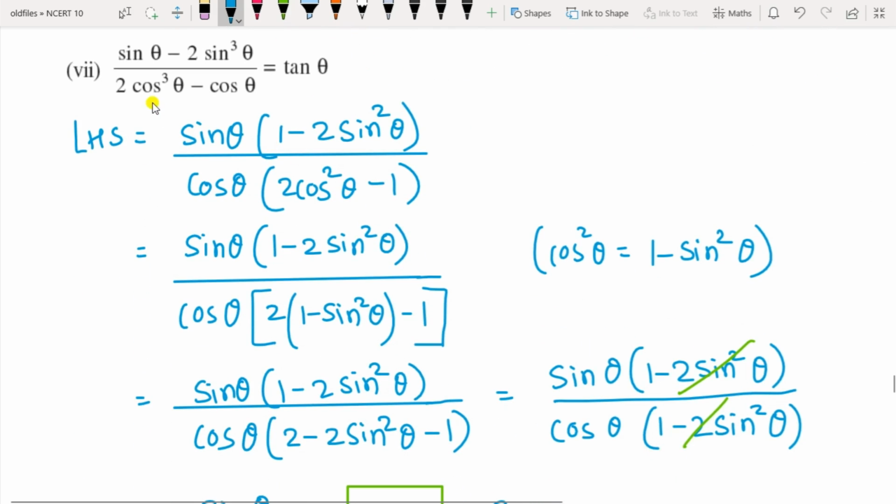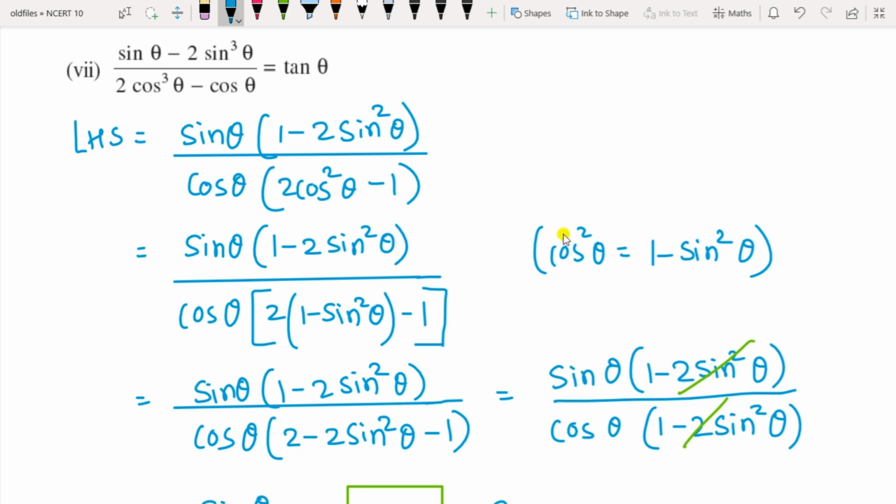Question 7 here is sin theta minus 2 sin cube theta upon 2 cos cube theta minus cos theta equal to tan theta. So take sin common from the numerator and cos from the denominator. So it will be 1 minus 2 sin square theta, and here it will be 2 cos square theta minus 1. Okay, but cos square theta is 1 minus sin square theta.